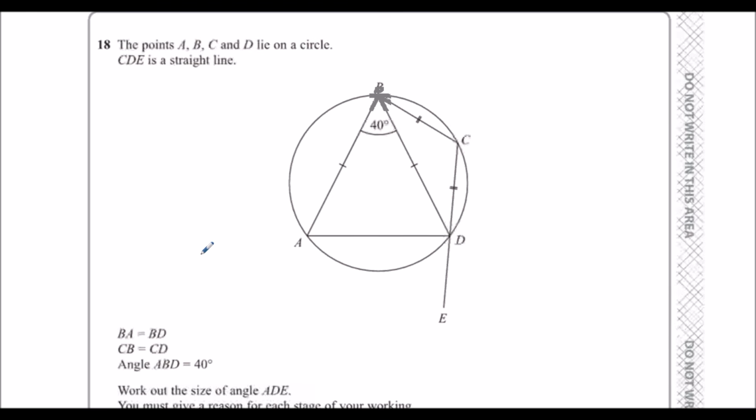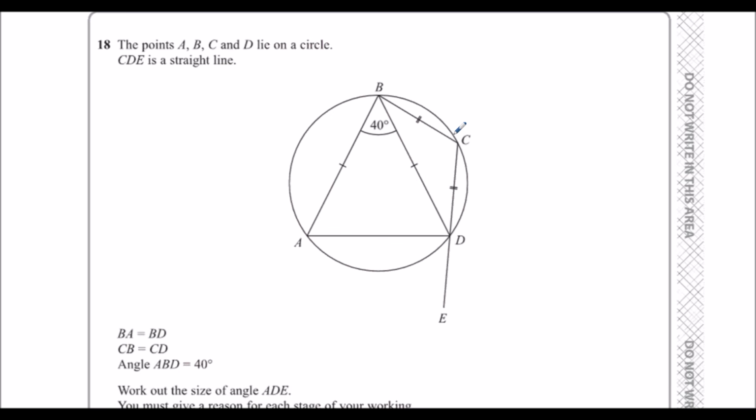Question 18. The points A, B, C, and D lie on a circle. CDE is a straight line. So A, B, C, and D, that's a cyclic quadrilateral. BA equals BD. So we've got an isosceles triangle here.